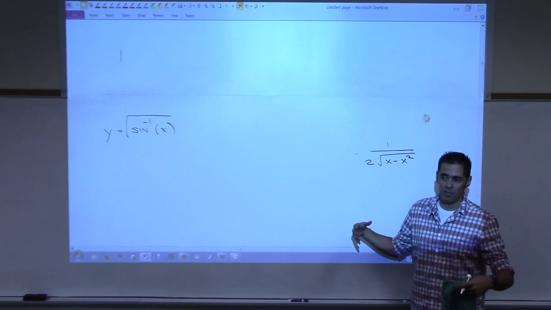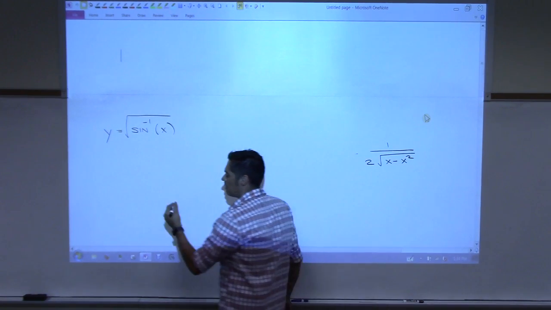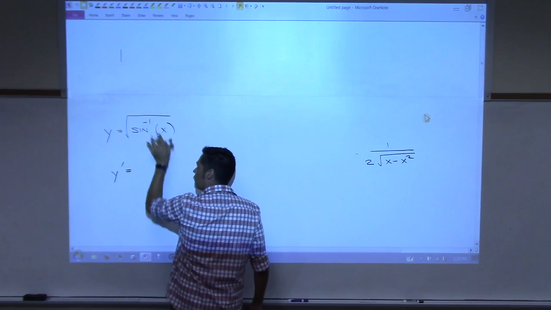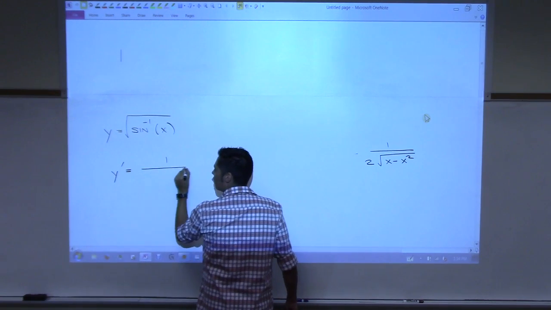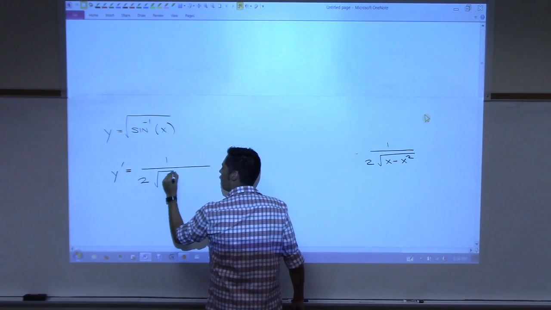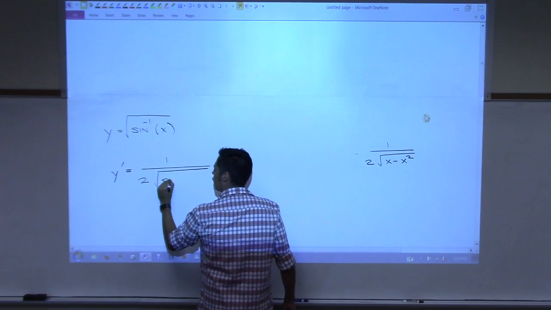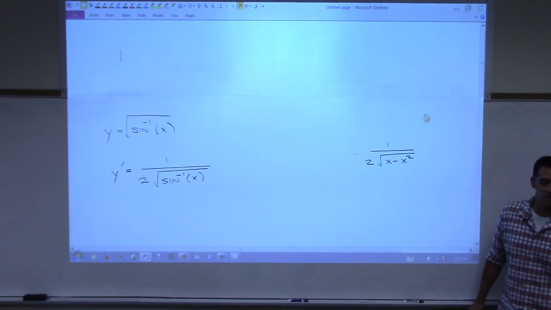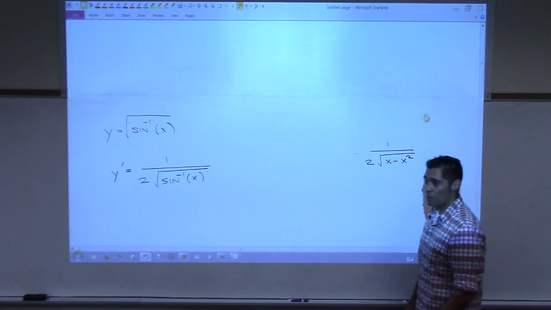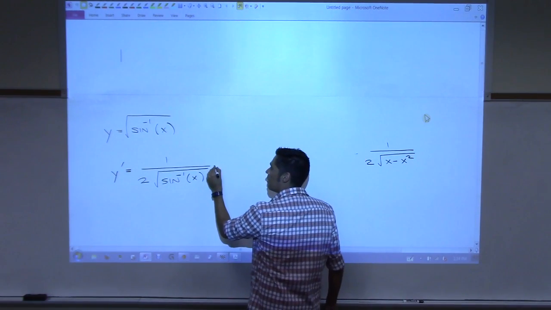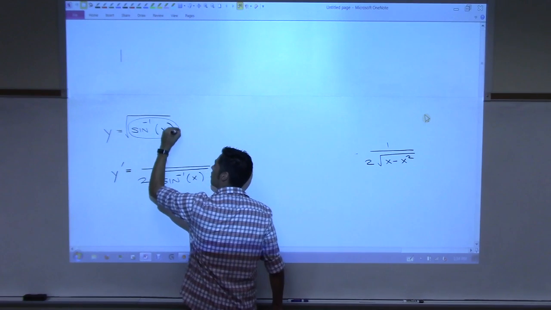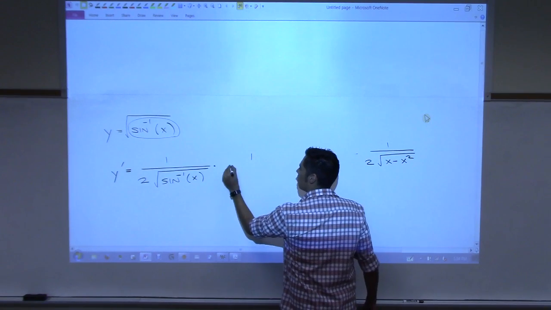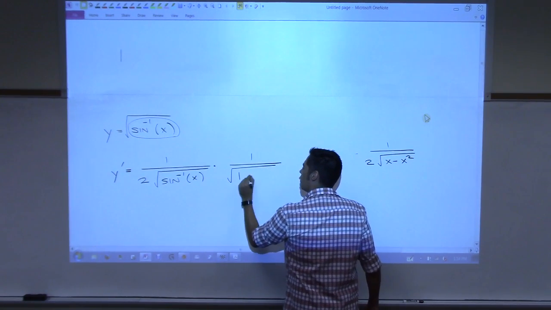So if I take the derivative, I take the derivative of the square root of something, which is 1 over 2 roots of that something. That looks ugly, but that's what it is. Times the derivative of the stuff in there. And what is the derivative of arc sine of x? 1 over square root of 1 minus x squared.